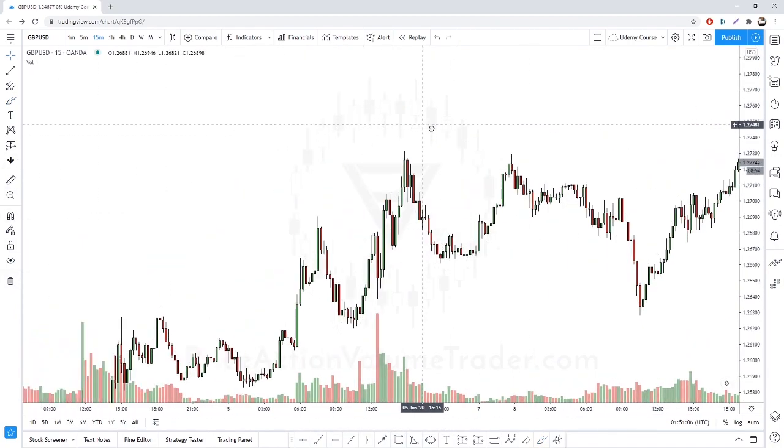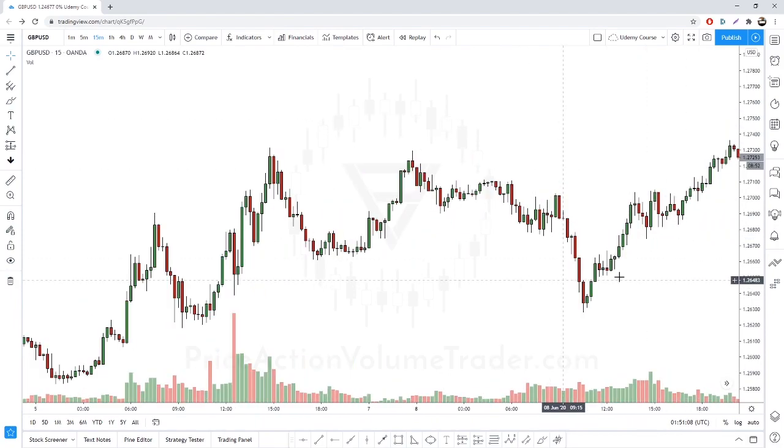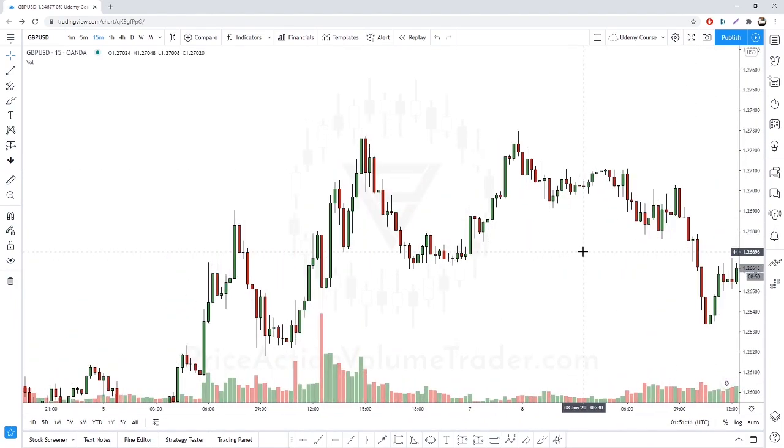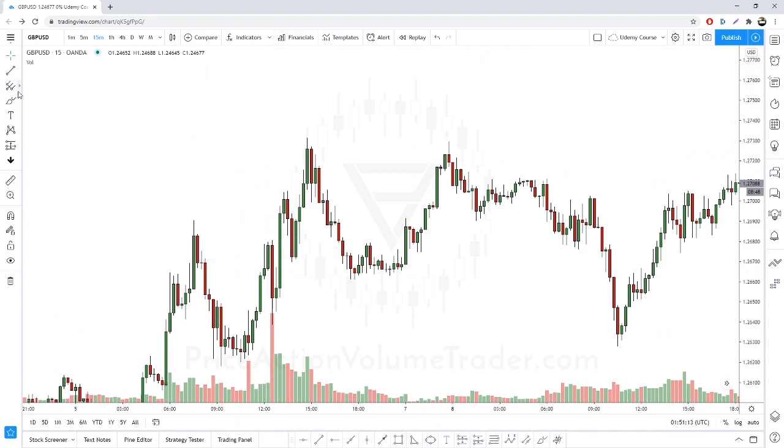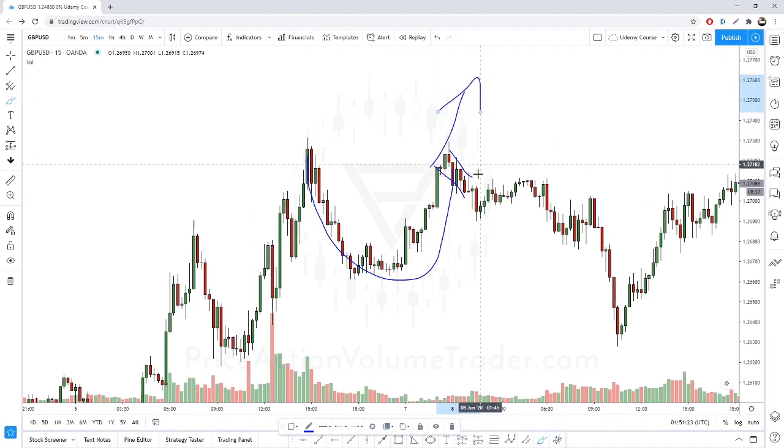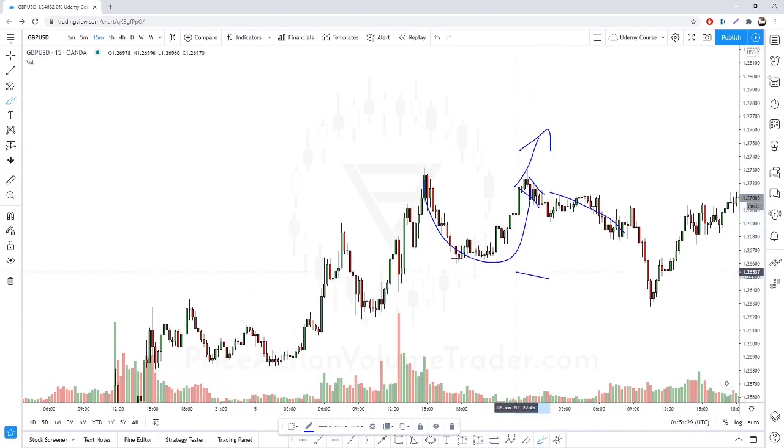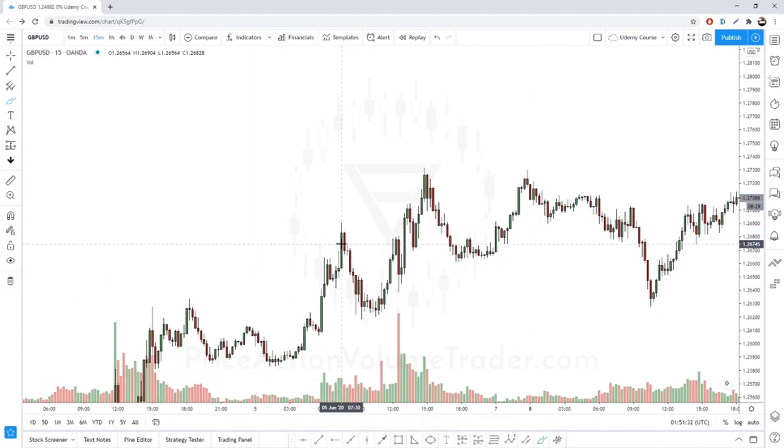Here, this is the one I wanted to show you. You know that these patterns don't always work. So in this case, we had the formation, we had a channel down. We could have expected a breakout, but the price continued down.